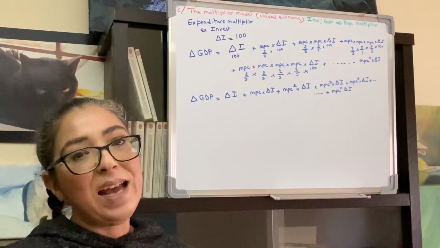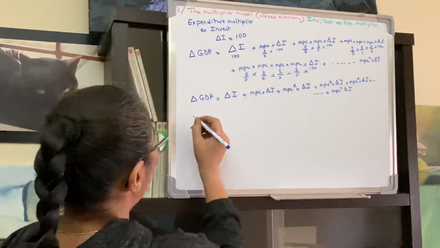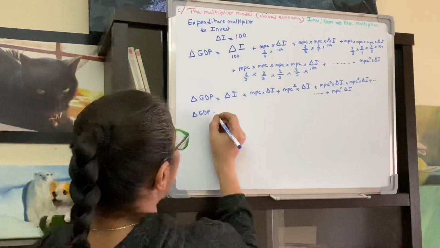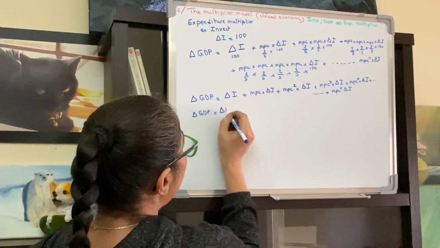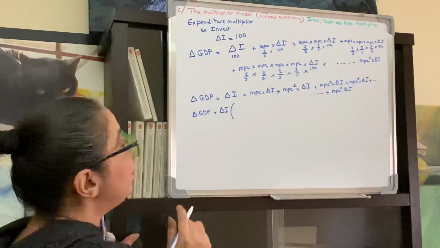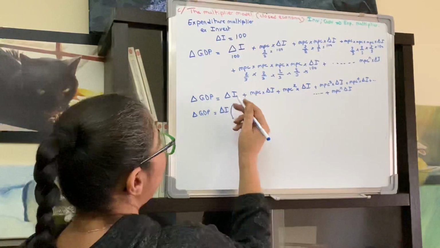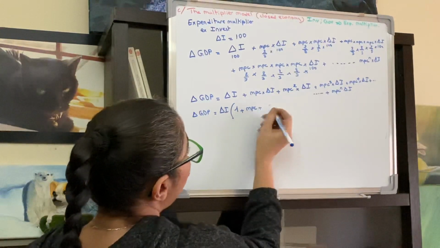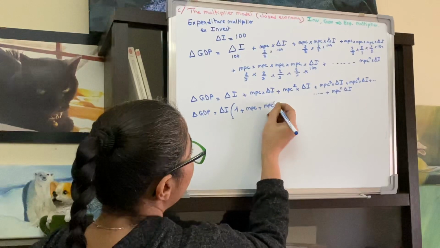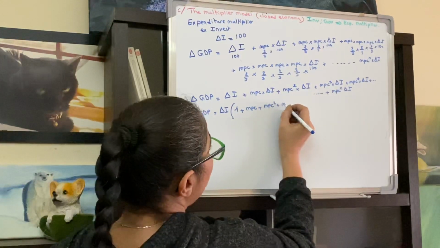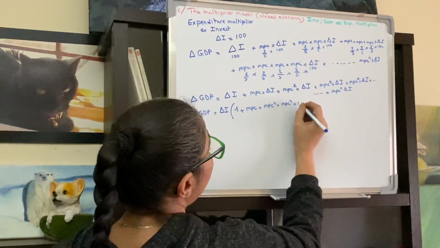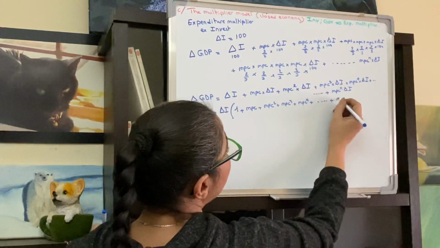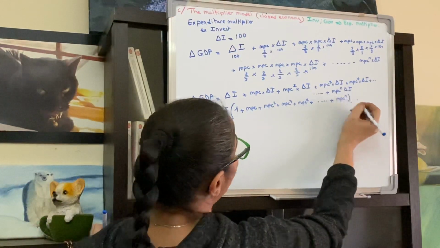Now I'm going to put delta I in common. So delta GDP, the change in your GDP due to a change in investment, is going to be delta I in common. So what did I multiply delta I by to get delta GDP? It's 1 plus MPC, plus MPC square, plus MPC cube, plus MPC power 4, plus MPC power n, and I close.